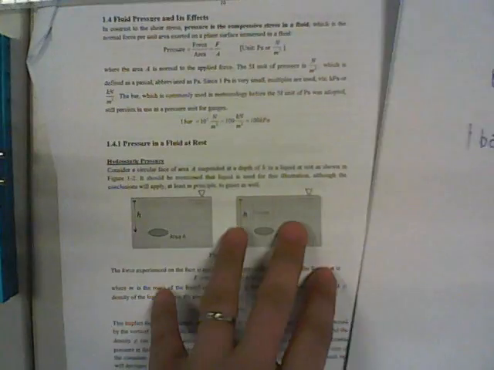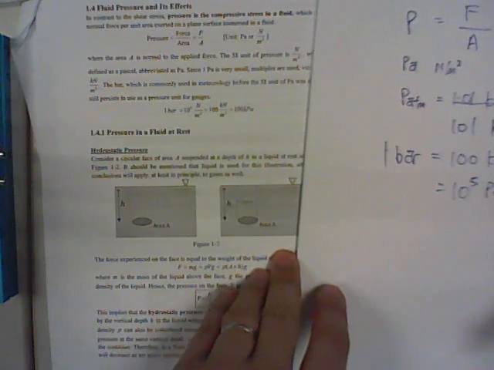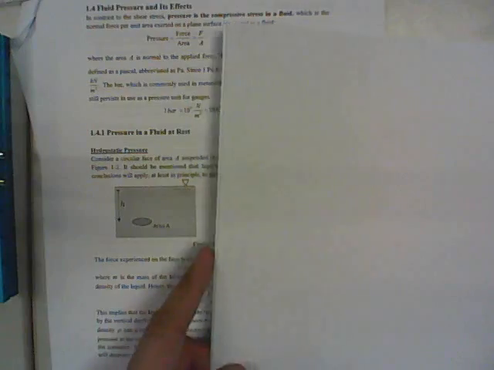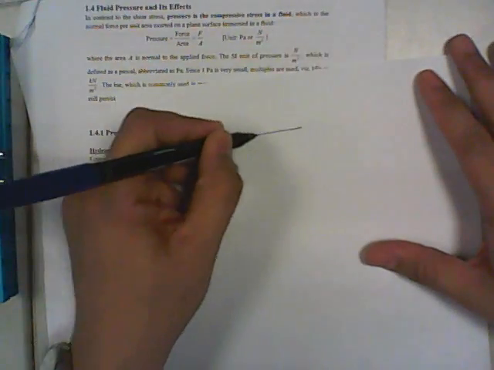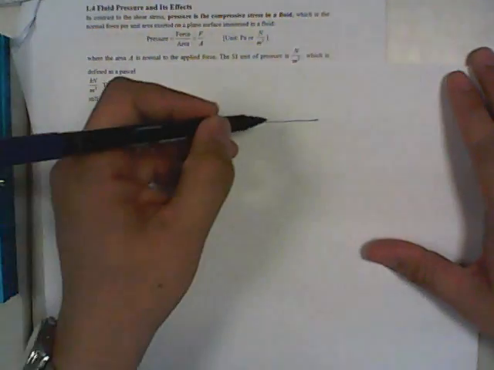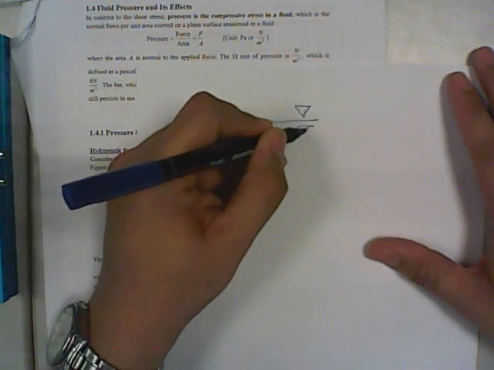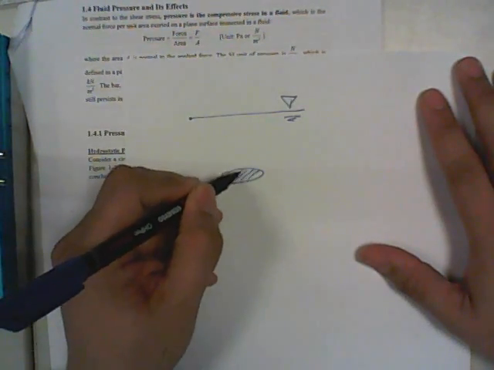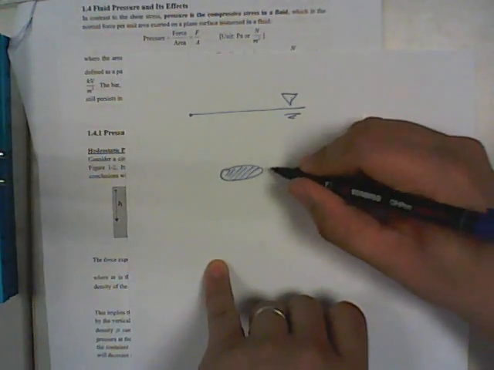So having talked about the unit, let's talk about pressure in the fluid, which is the hydrostatic pressure description over here. Let me briefly talk about this. Imagine this is the free water surface, and there is a certain area that is submerged under this surface.